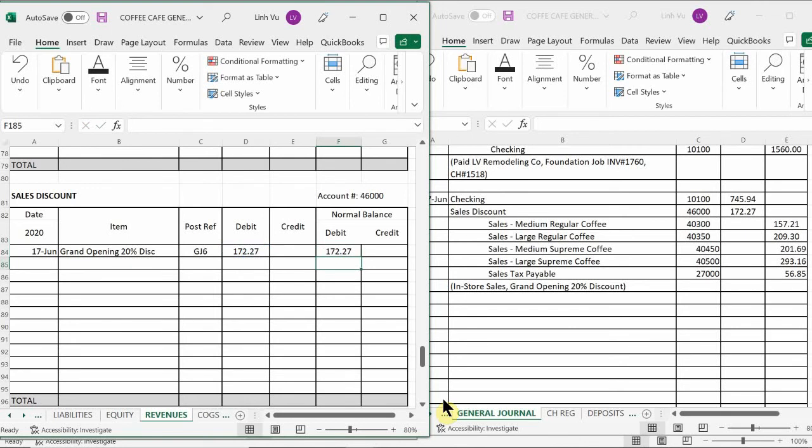And sales tax payable, where's that? That would be in liabilities. In your liabilities. Good.